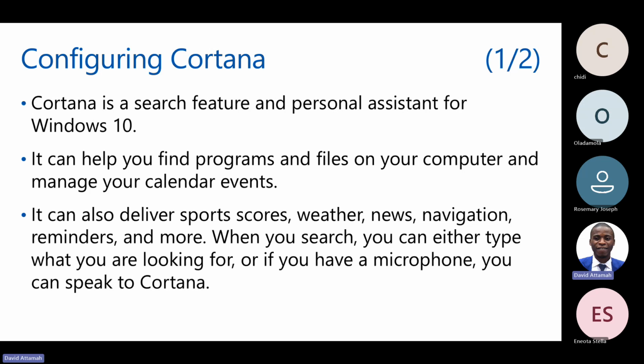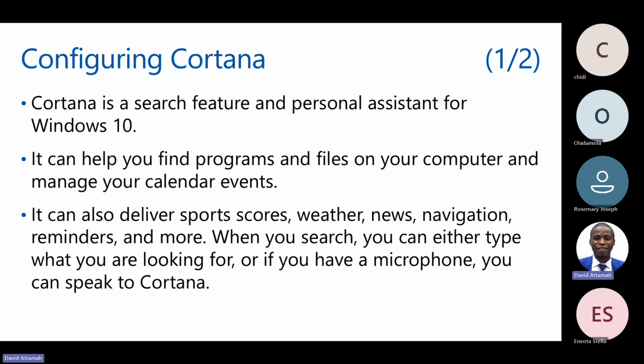Most times you see it immediately after the box where you normally type to search for an item on your computer. It's usually found immediately after that box, like a black circle.